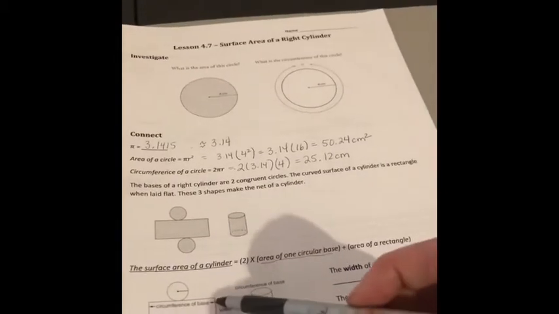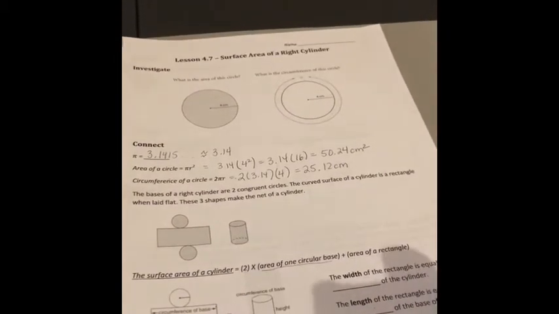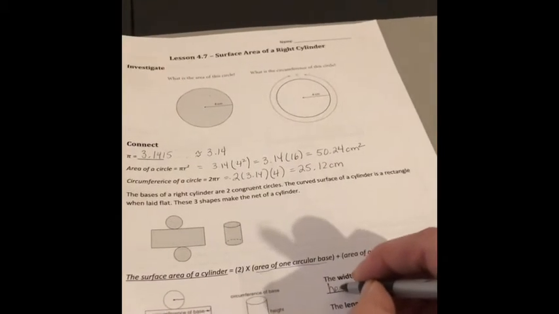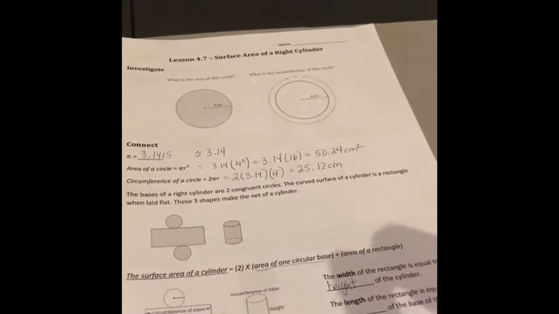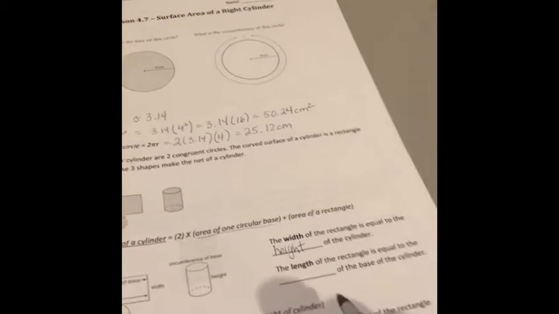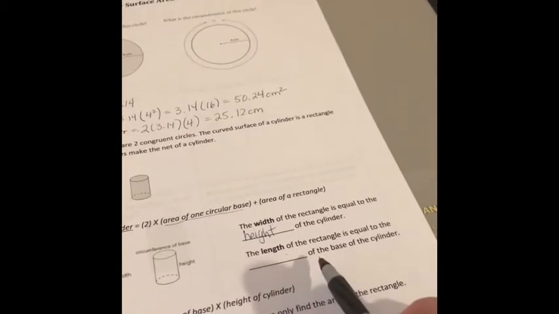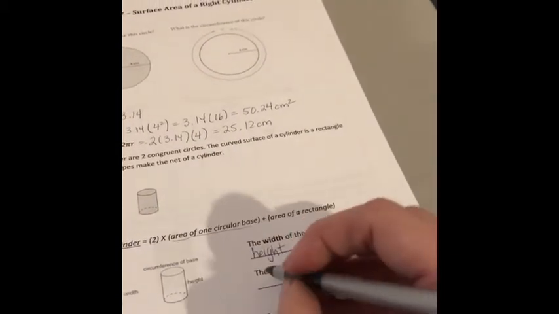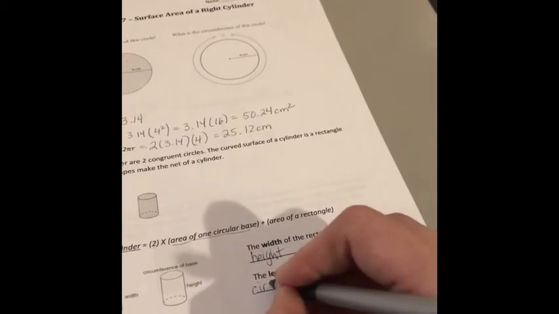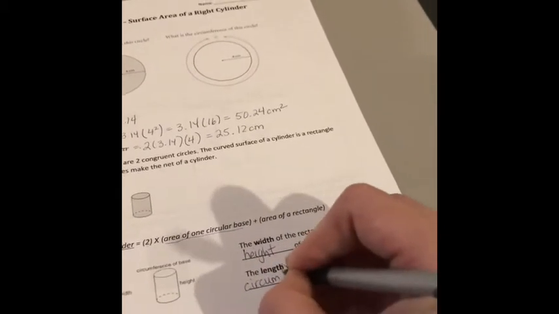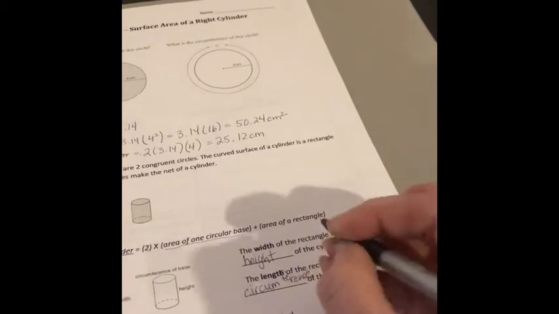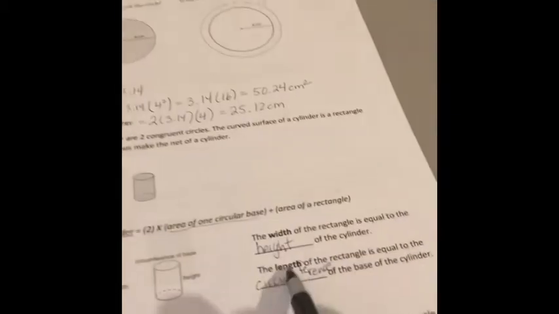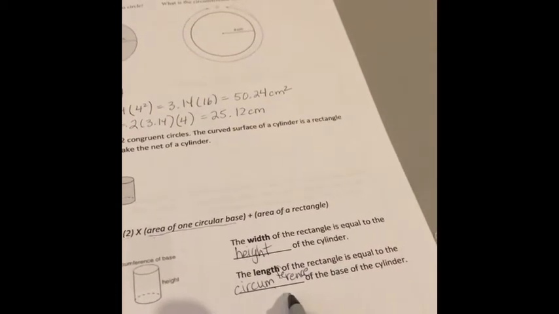Notice the width of the rectangle is equal to the height of the cylinder, versus the length of the rectangle, which is equal to the circumference. So that's why we had to learn what circumference was, because that is the length of the rectangle.